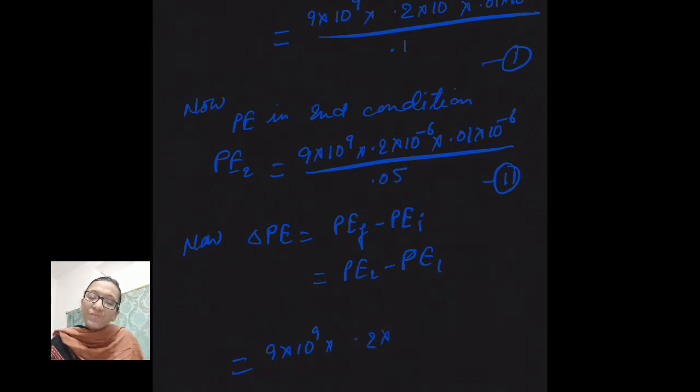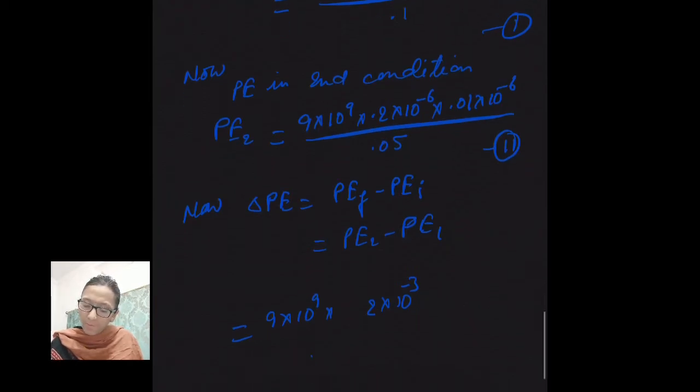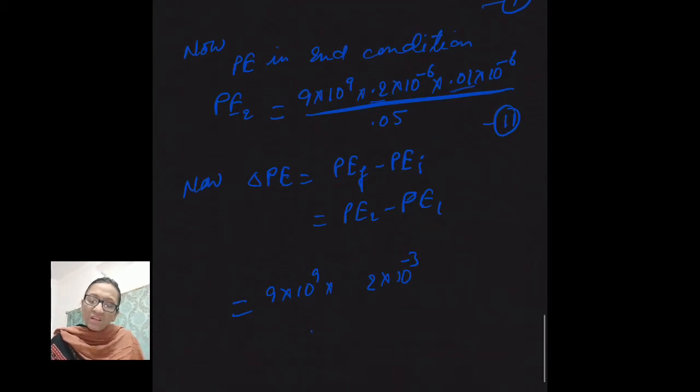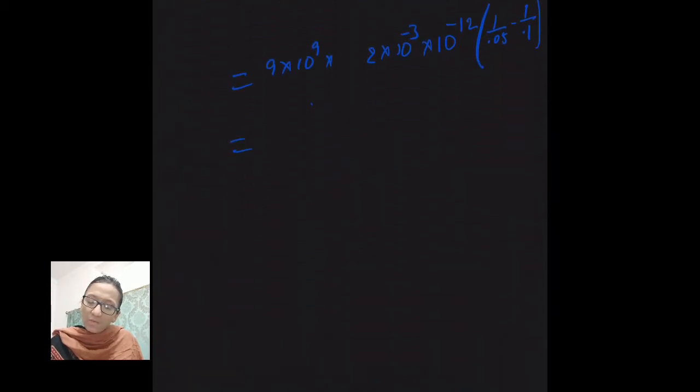into, okay, I'll multiply 2 into 10 power minus 3, okay, 2 into 10 power. I have taken the decimal things in the two charges at the exponent of 10, into 10 power minus 12, and here inside you have 1 upon 0.05 minus 1 upon 0.1.